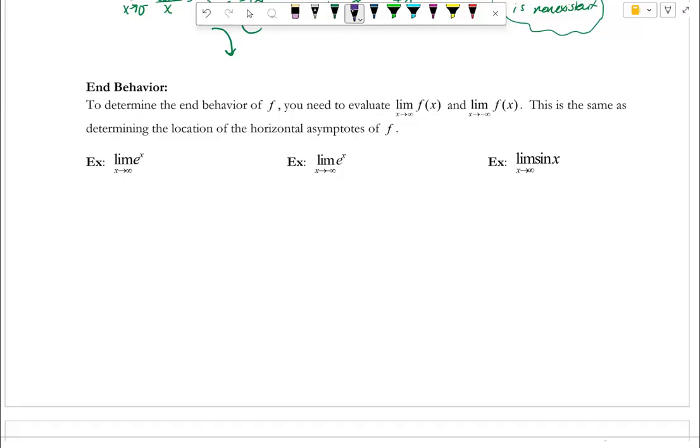So the end of a function is like way, way, way to the left and way, way, way to the right on our graph. So in short, when we think about end behavior, we're really just evaluating the limit of the function as x approaches positive infinity and as x approaches negative infinity. So positive infinity is our end behavior on the right, negative infinity, our end behavior on the left.